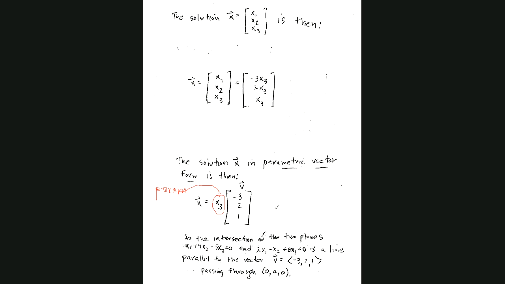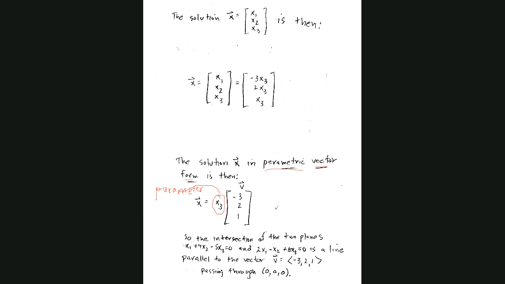Remember when you had the t in calculus, parametric mode? Now the parameter is x3. It's the free variable. So that's why we call it parametric vector form. Every one of the entries in the vector is a function of this parameter x sub 3.